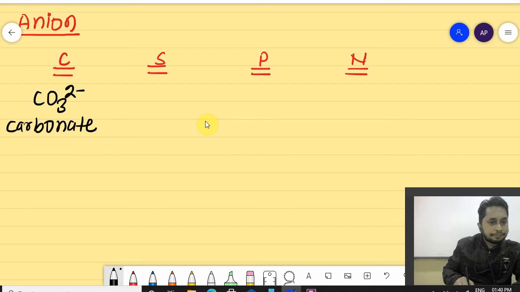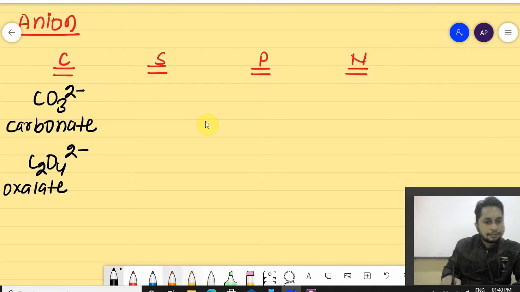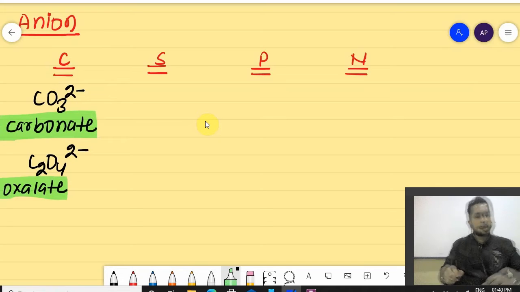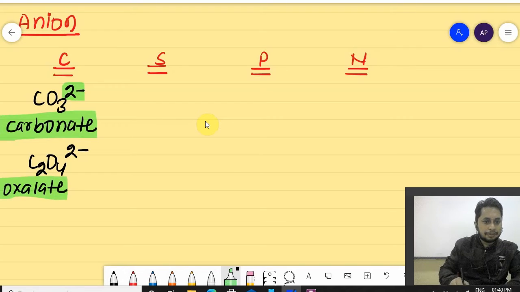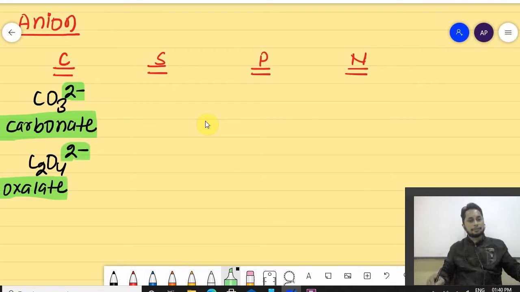Carbonate. With one carbon extra and one oxygen extra, C2O4 double minus, this one is called oxalate. So carbonate and oxalate, the carbon containing anions, have double minus charge. Carbonate double minus, oxalate double minus.